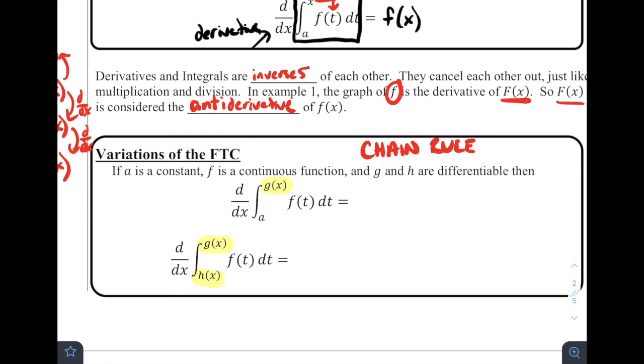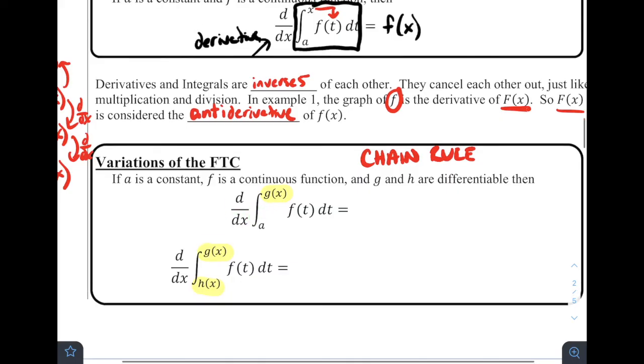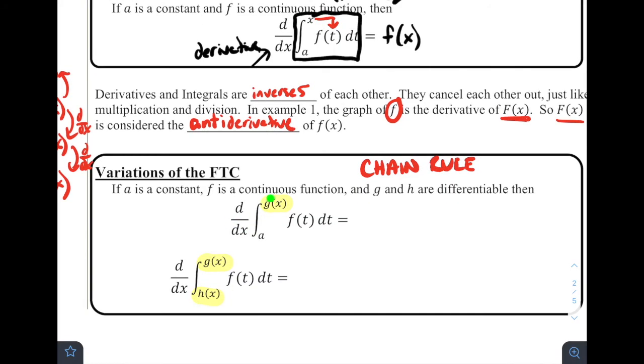But how does it work? Well, we see the derivative and the integral here, and they're going to cancel each other out. Just like we said earlier, the upper limit of integration goes in to become the input of our function, so this is going to become f of g of x.